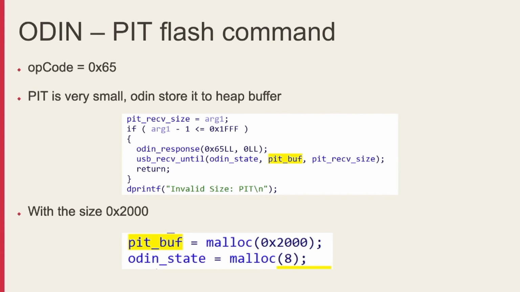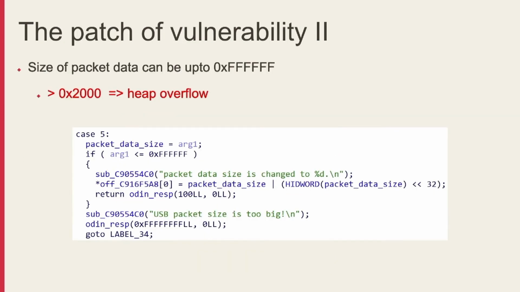We cannot directly overflow it, because there is a check to make sure that the size is smaller than the heap buffer to prevent heap overflow. Remember the second vulnerability I just mentioned? We can use the size of packet data to enlarge the receive size.